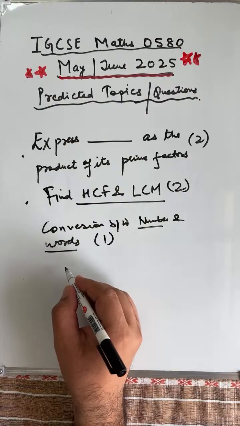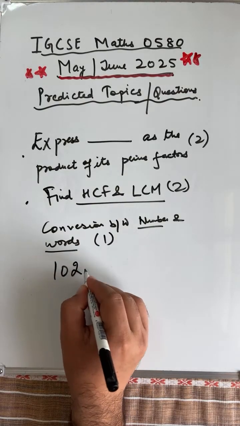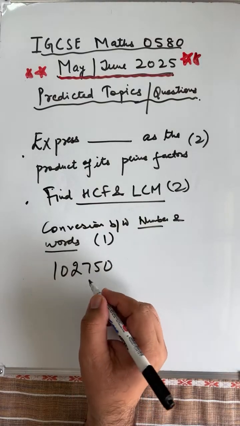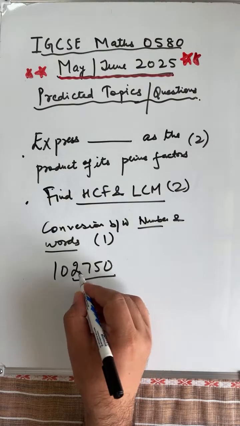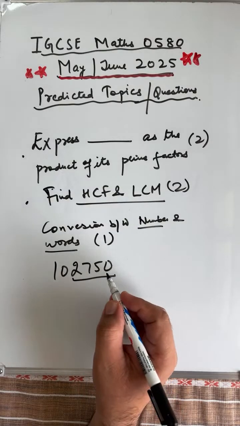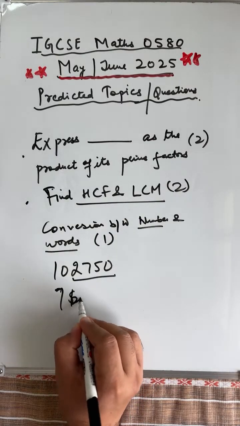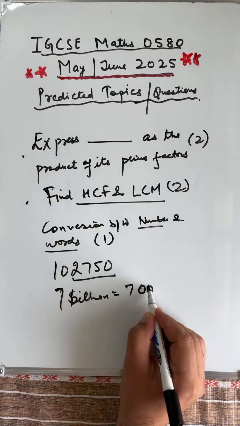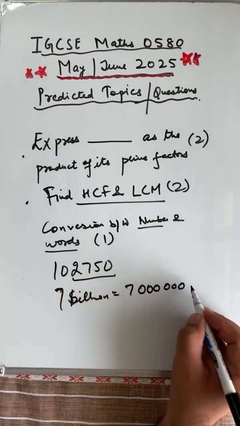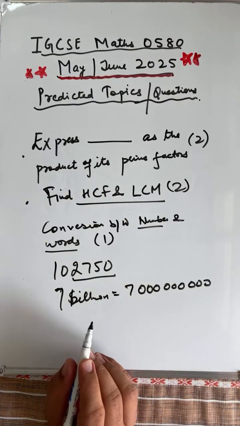Conversion like this, if you have to convert, we have to write this as 1,27,2,750, or you convert 7 billion into its numeric form. Okay, these types of questions.